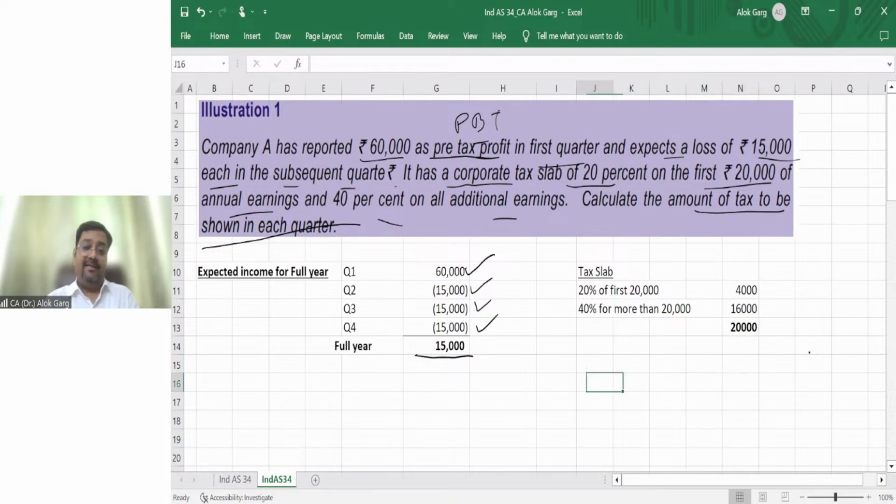Now the question arises, sir, you have said that in the interim period, income tax has to be measured or recognized on the basis of the best estimate of the weighted average annual income tax rate.